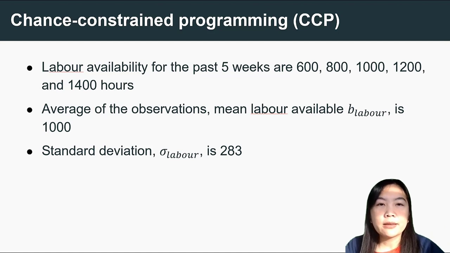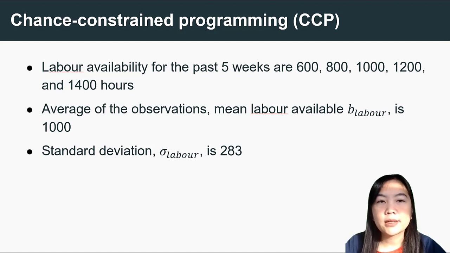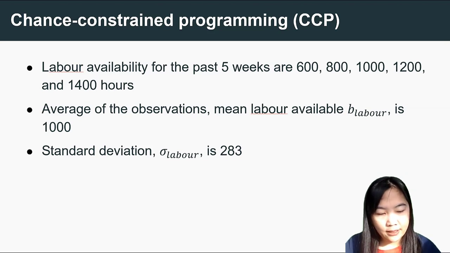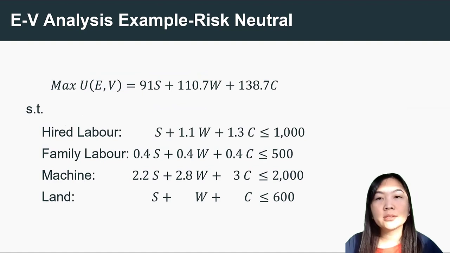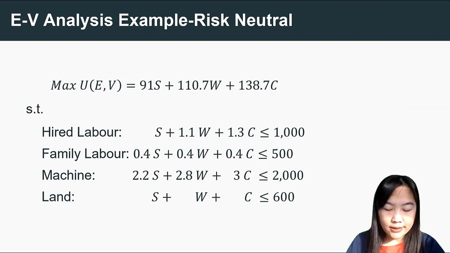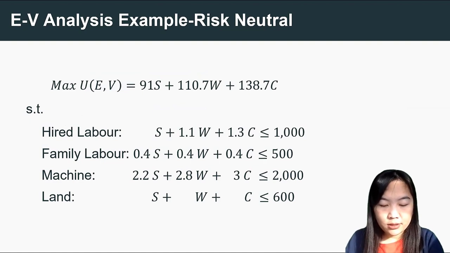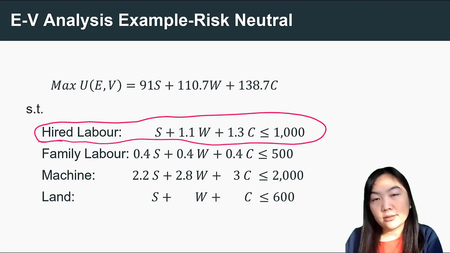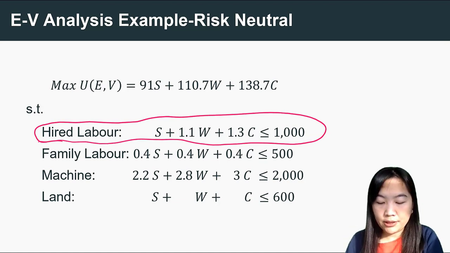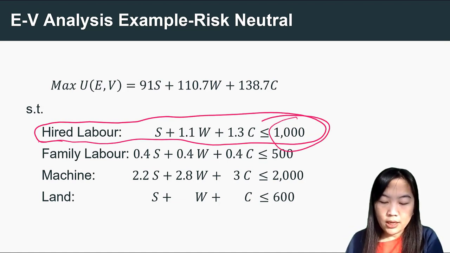So for example, this is the labor availability of the EV analysis example that we used in the last lecture. This was the EV analysis example, and we do have this constraint here that the higher labor is smaller or equal to 1,000.